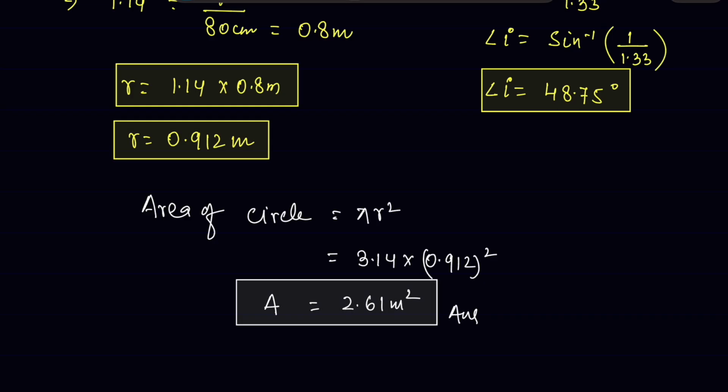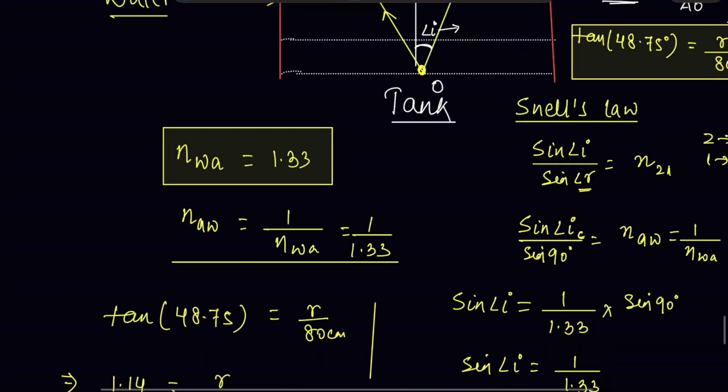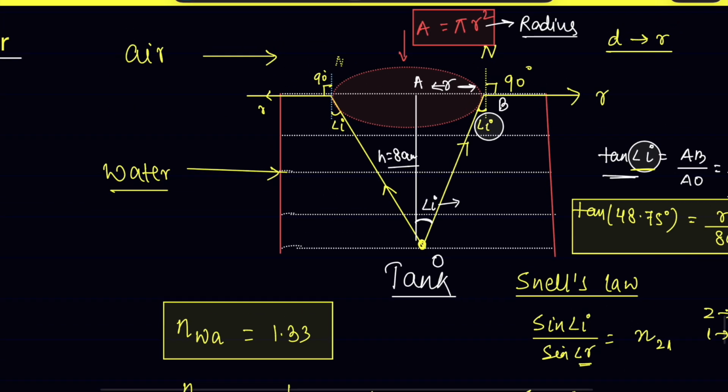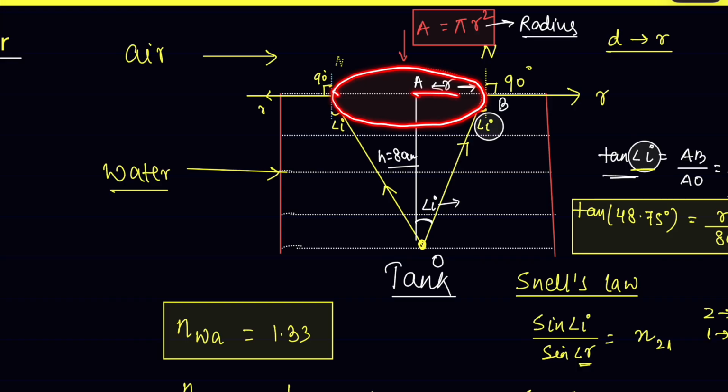This is the answer of this question. It means that the circular area formed here by the rays of light from the bulb is actually 2.61 meter square, and its radius value is 0.912 meter. So this is the answer of this question.